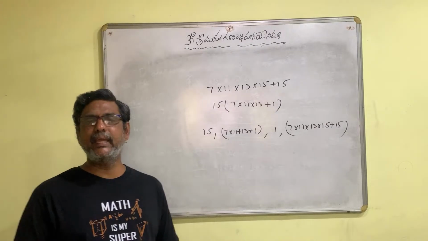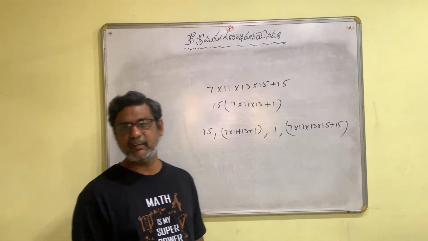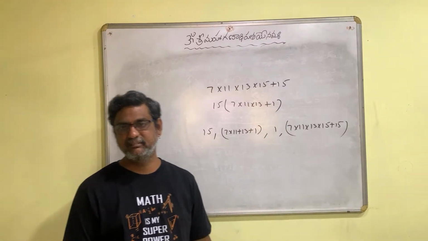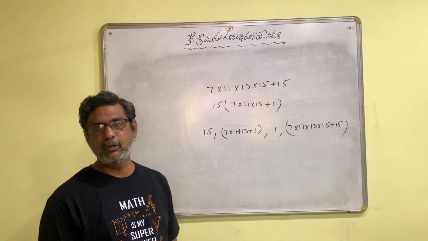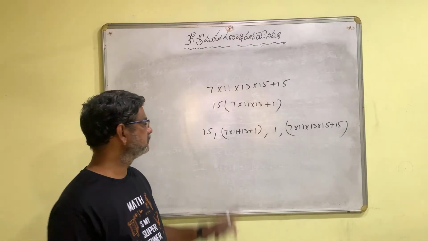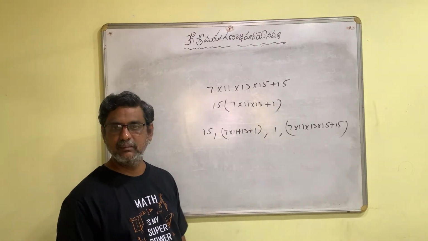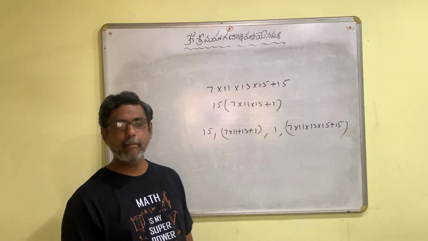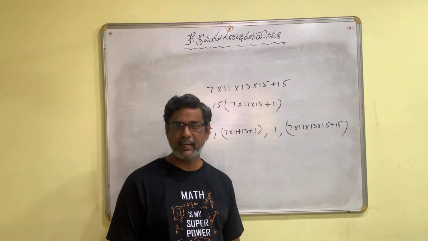So without doing any calculation or simplification, here we are showing 4 factors. One is 15, the other one is this one, and we know 1 is a factor of every number, and the number itself is a factor.